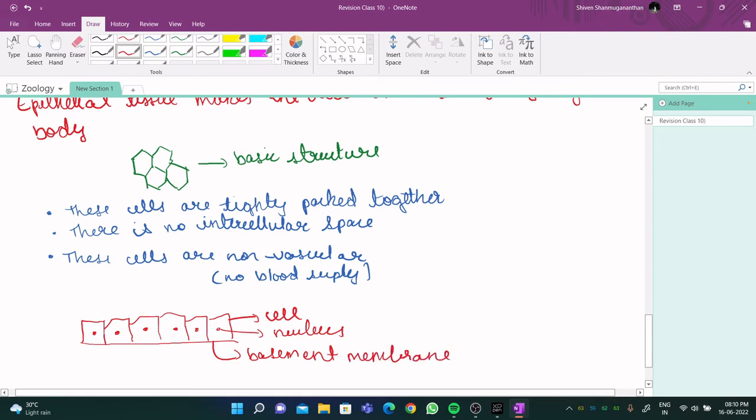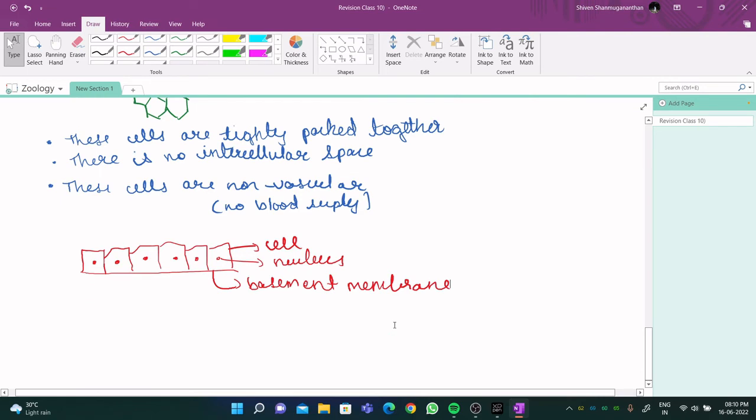The basement membrane basically acts as a platform for the cells to hold on. Now, if we consider this is the basement membrane, we will add small circles at the bottom of it. These run right under the basement membrane, and these are connective tissue.